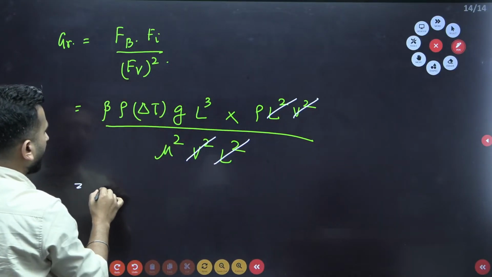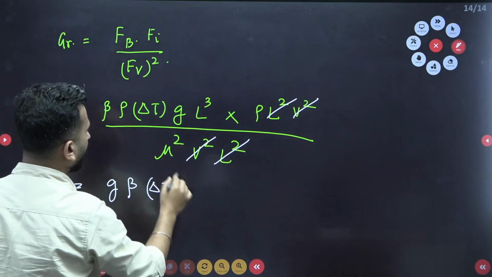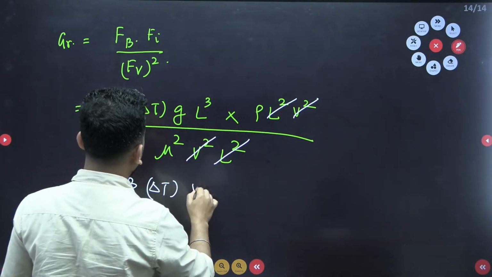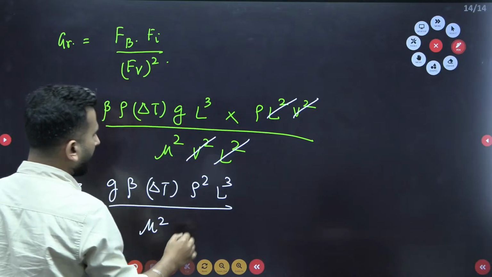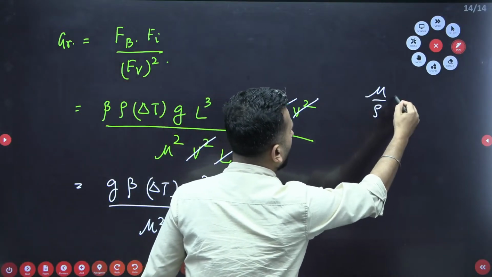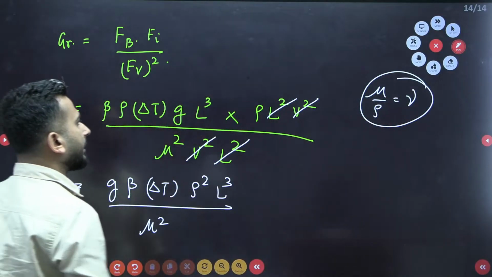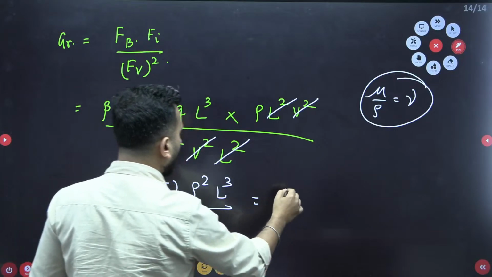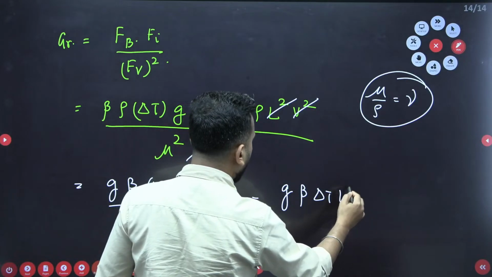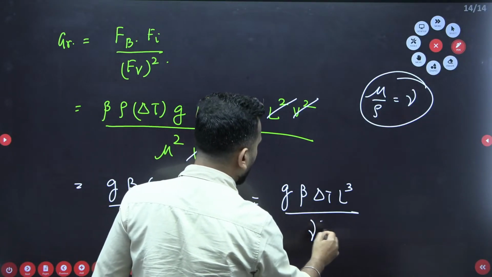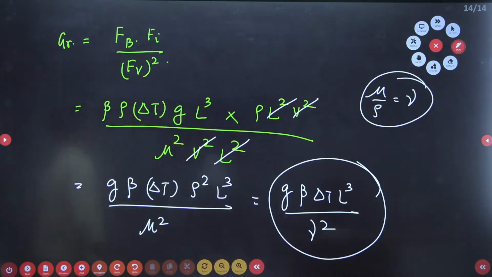What is left is g beta delta T rho square L cube by mu square. Mu by rho is the kinematic viscosity, mu is dynamic viscosity and rho is density. So the formula for Grashof's number is g beta delta T L cube by nu square.